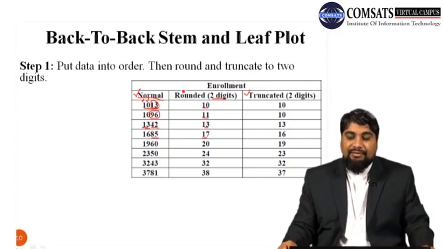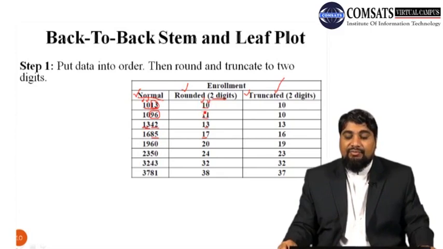Once we have the rounded digits and the truncated digits, we can construct the back-to-back stem and leaf plot. Here just focus on the leading and trailing digits. Here the leading digit is 1 and the trailing digit is 0.